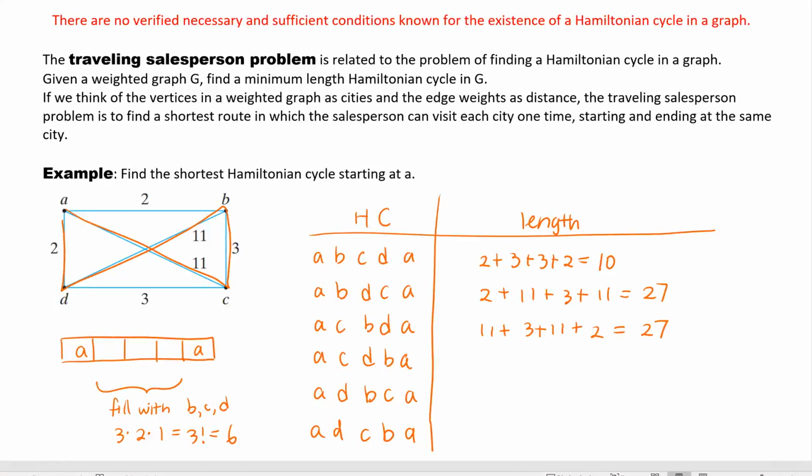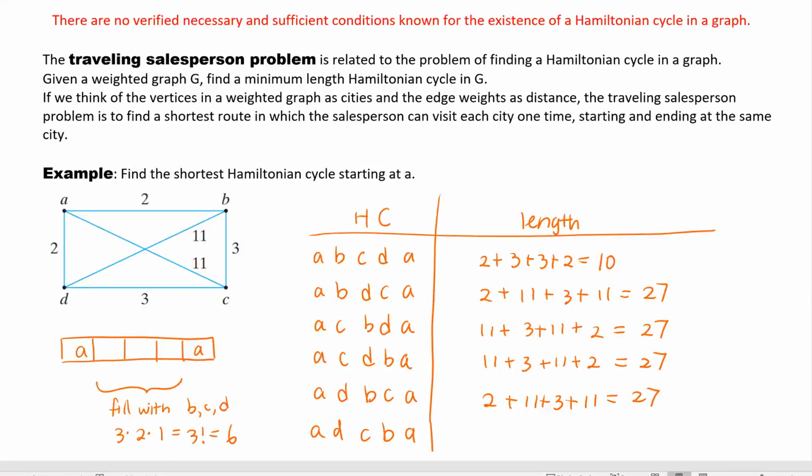Next, A, C, D, B, A. AC 11, CD is 3, DB 11, and then BA is 2. We also get 27. And then A, D, B, C, A. That's 2, 11, 3, 11. That's 27. So we go through all the possibilities.